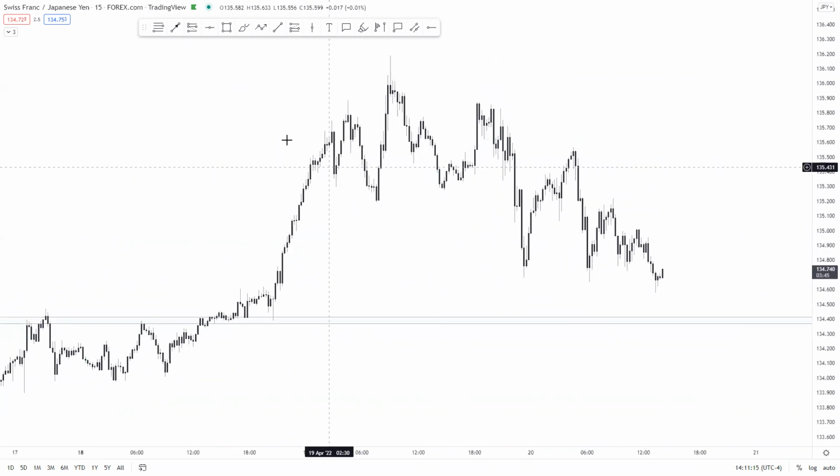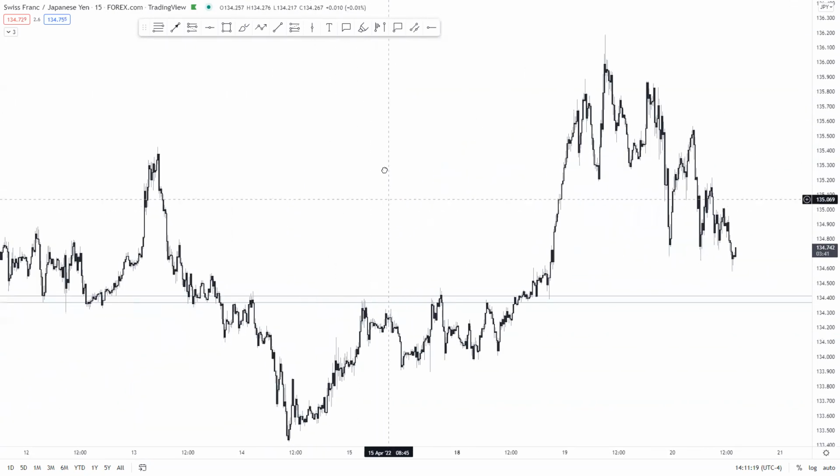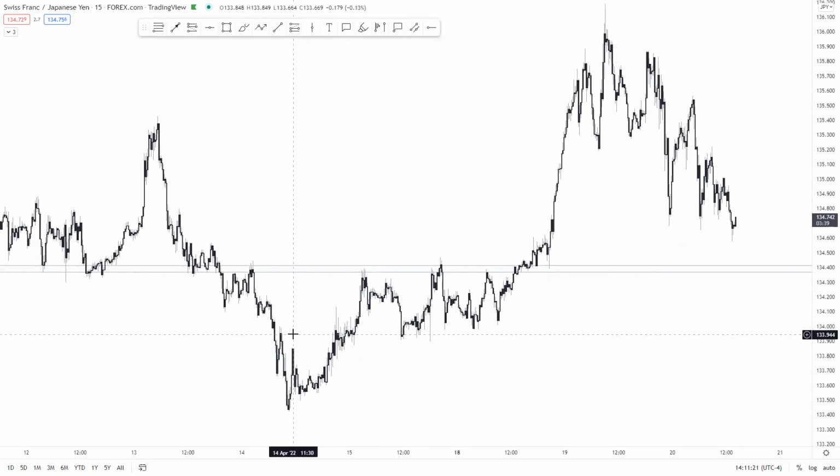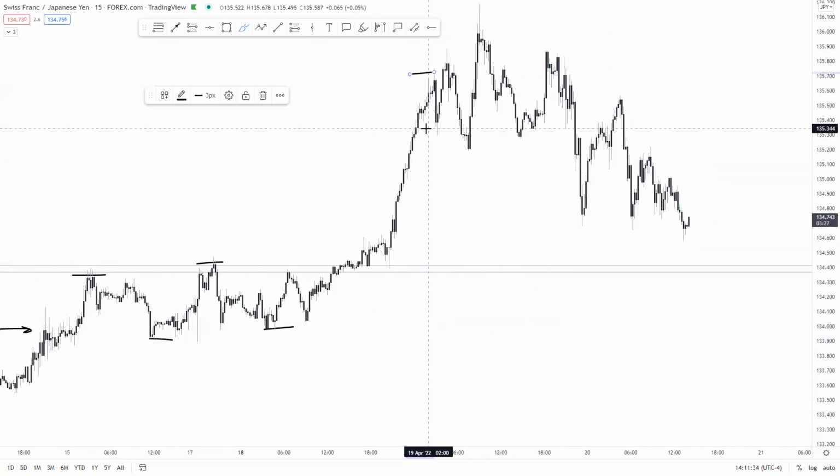So with this, the 15-minute structure really broke here. So we had a break above here, a high, a low, a high, a low, a high, a low.